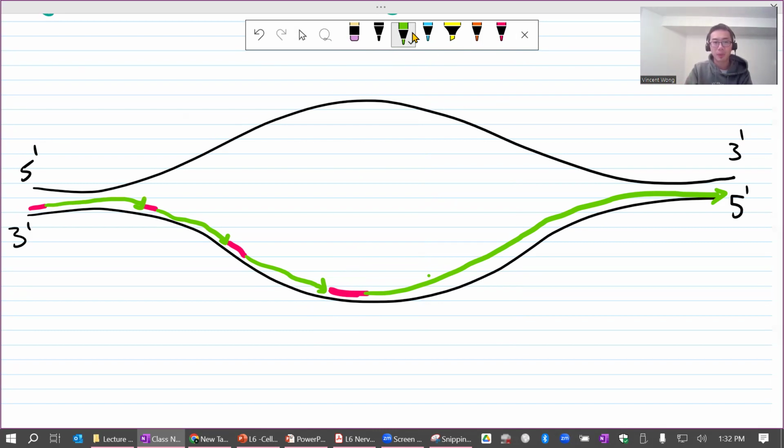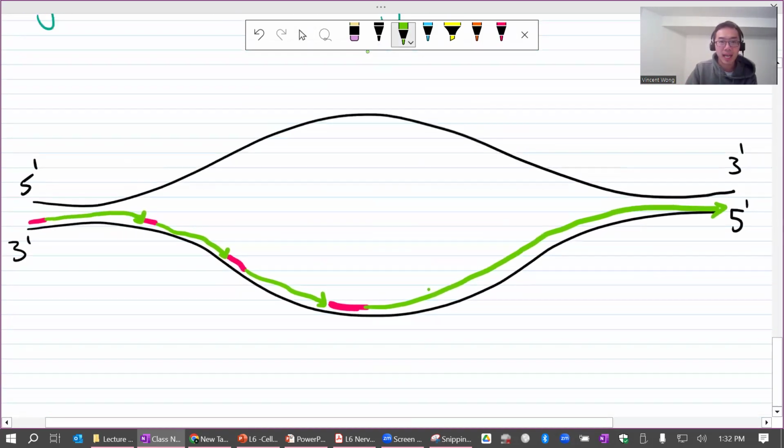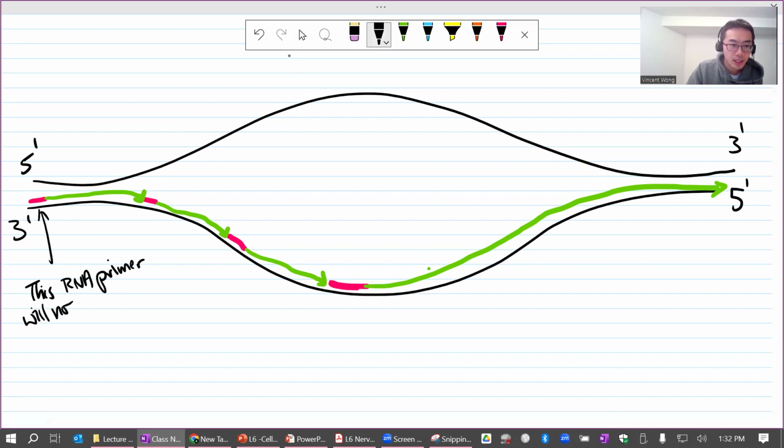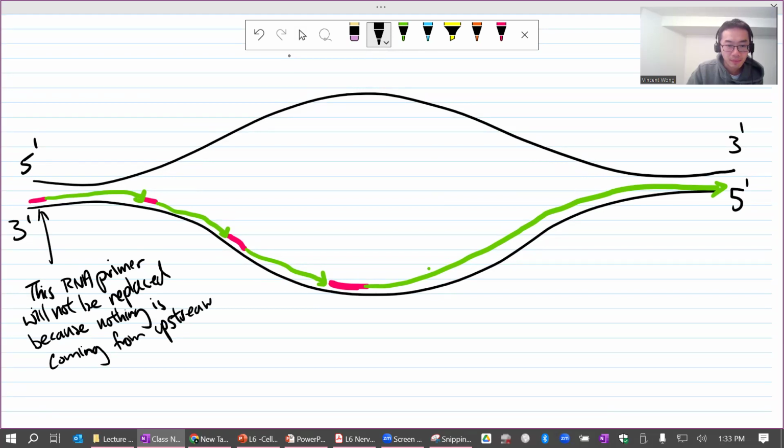But there is a problem when we get to the very end. Okay? This part, or I should say this RNA primer, will not be replaced because nothing is coming from upstream, right?